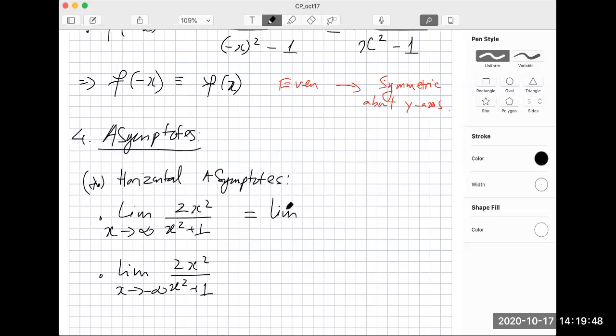Infinity. Be careful. You may forget about the limit of this. What is the highest order of the numerator? 2. So we divide both numerator and denominator by x squared, right?